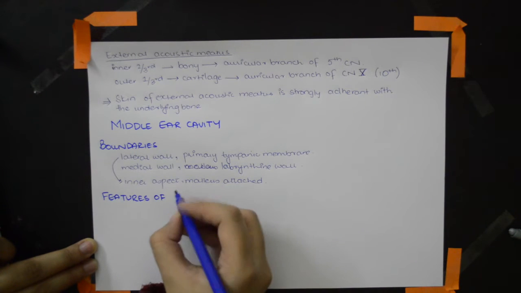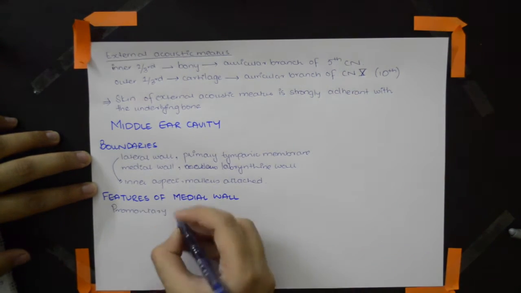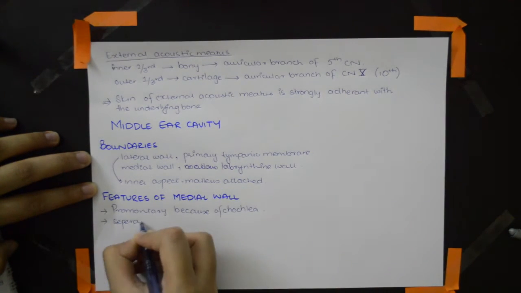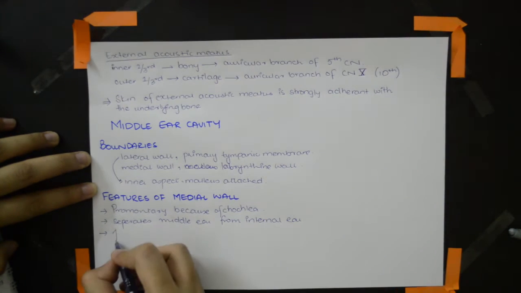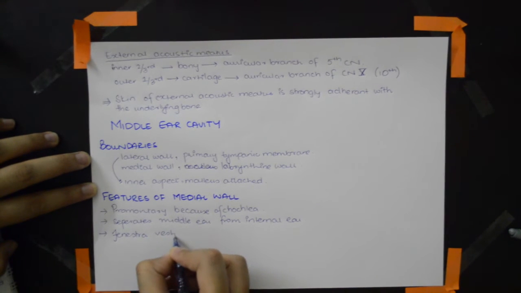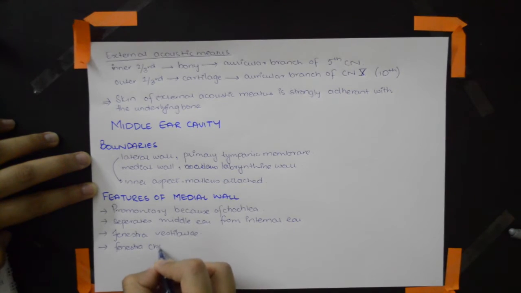The features of the medial wall: it is promontory because of cochlea. It separates middle ear from internal ear. It has fenestra vestibuli and fenestra cochlea.